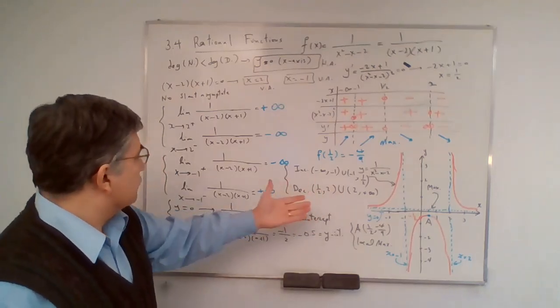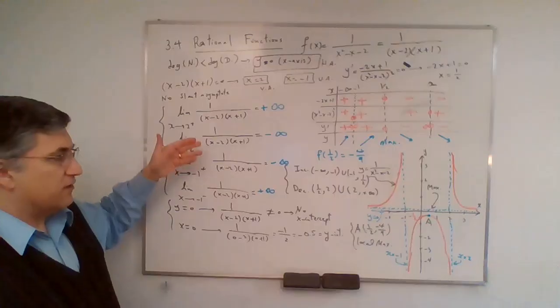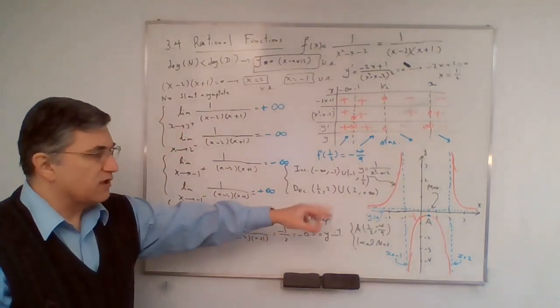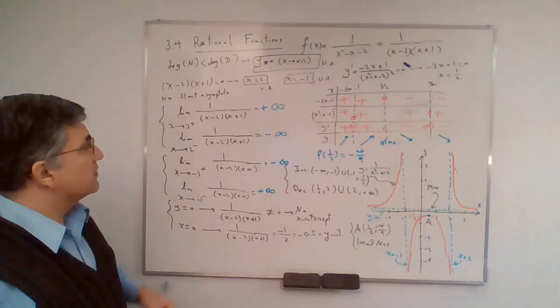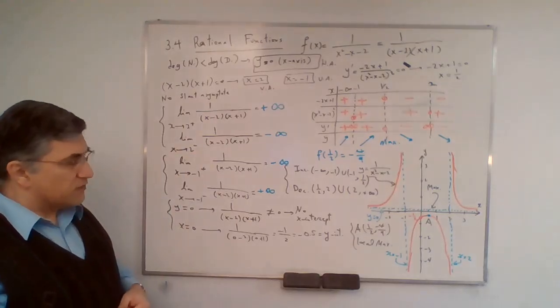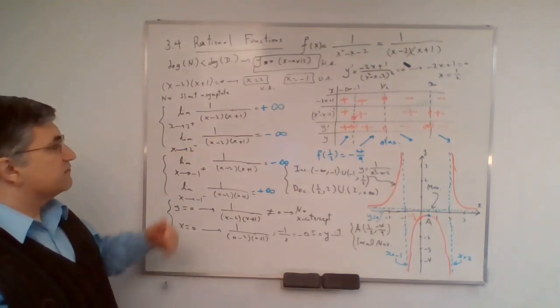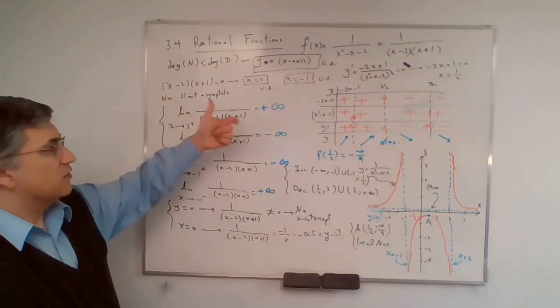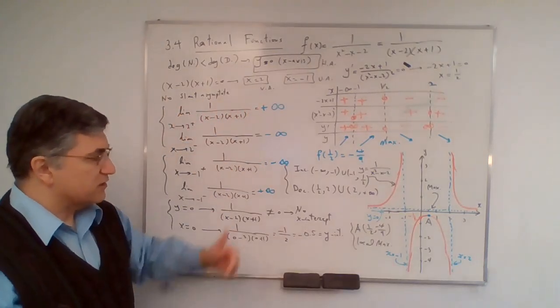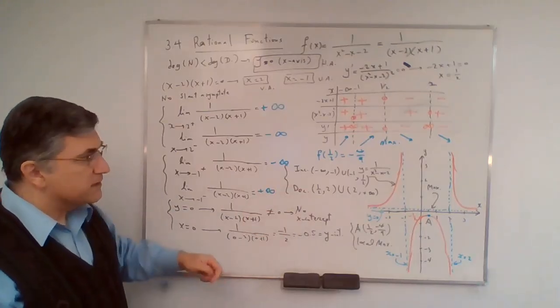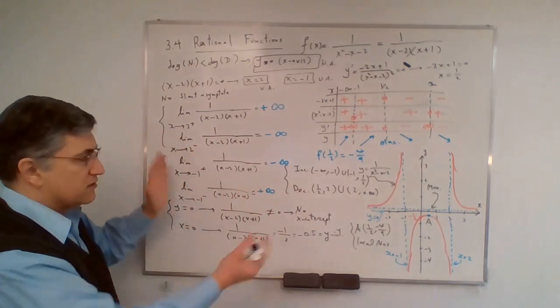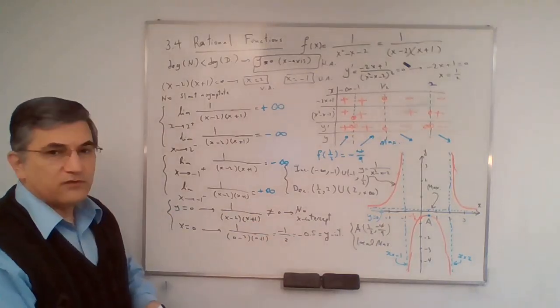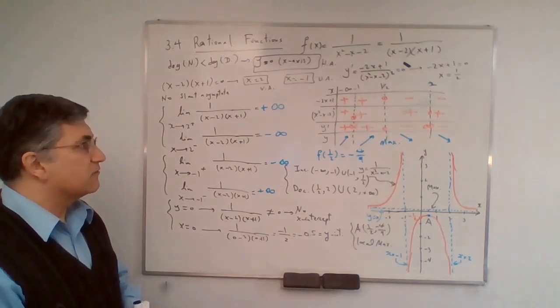We also examined the behavior of the graph in the neighborhood of its vertical asymptotes. And I think this is good enough for now for this section in terms of finding asymptotes, equations of asymptotes, sketching the graph, finding local max and min, and putting everything together to draw the graph of this rational function.